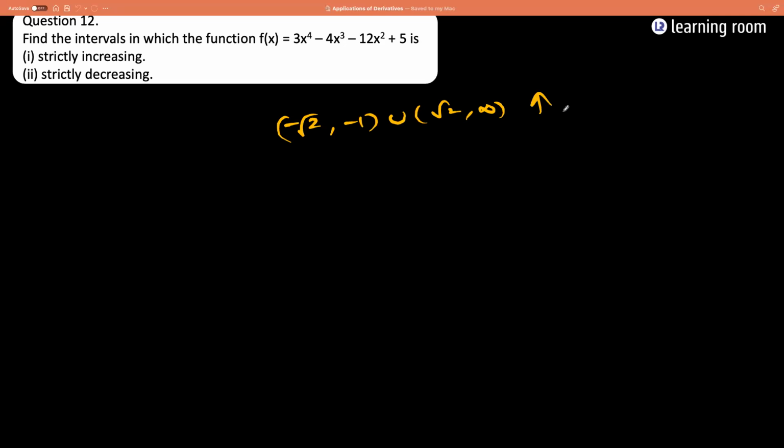This is for increasing. And for decreasing, it is minus infinity to minus root 2, open interval, union minus 1 to root 2. It should be decreasing. This should be the value, right?